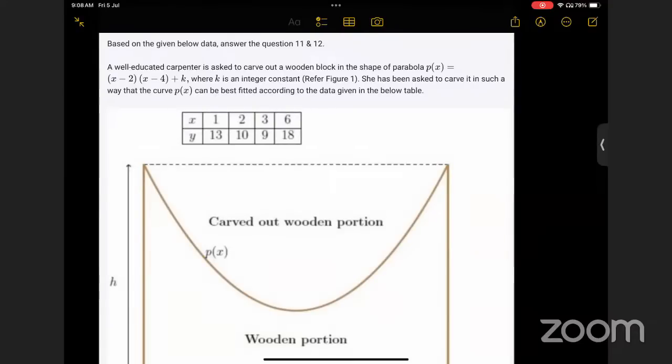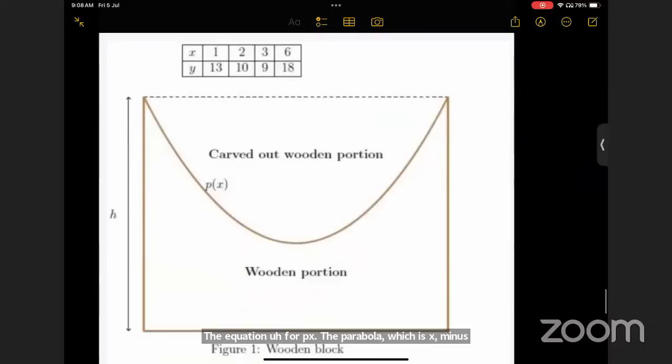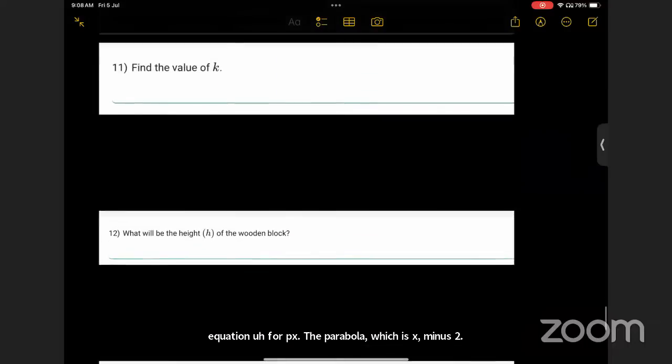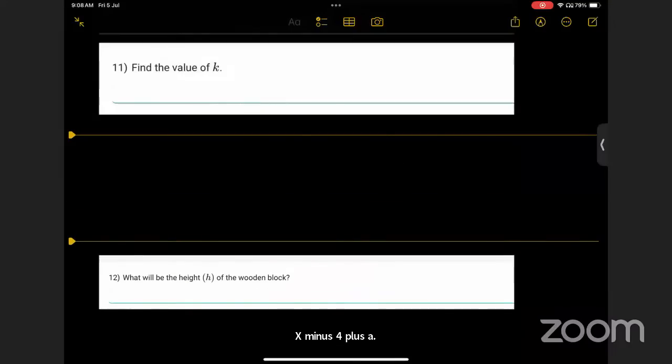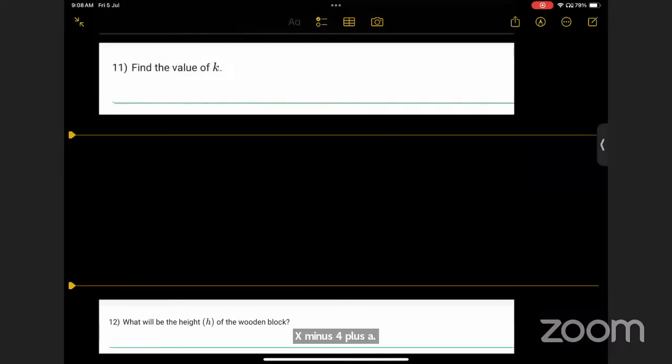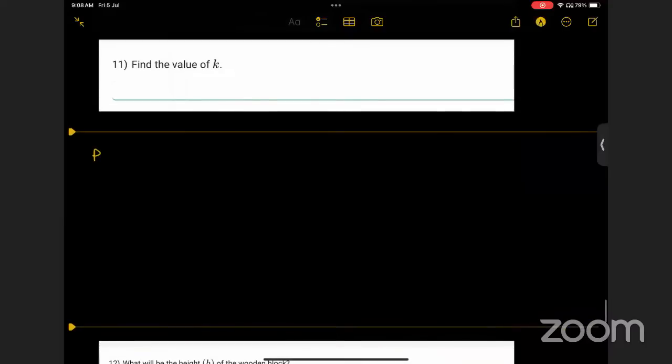Okay. So we have been given the equation for P(x), the parabola, which is (x minus 2)(x minus 4) plus k. So P(x) equals (x minus 2)(x minus 4) plus k.